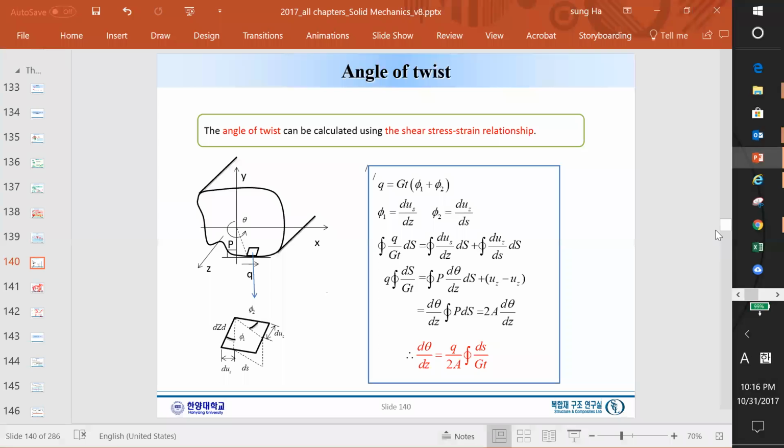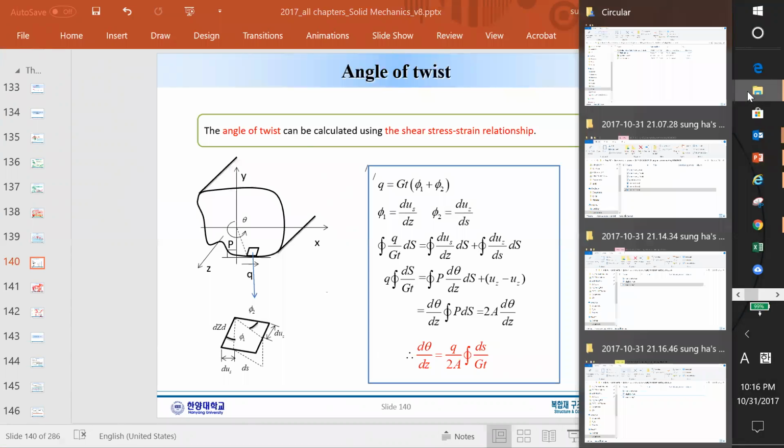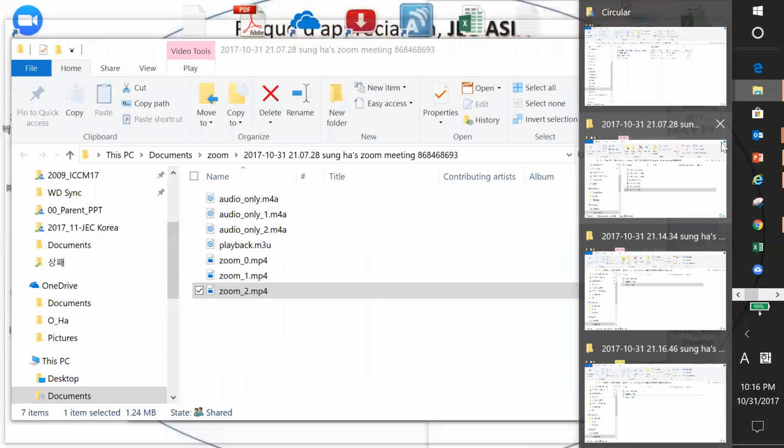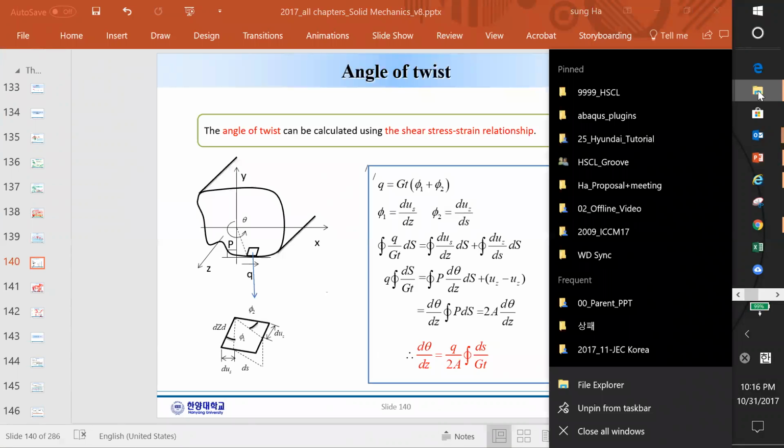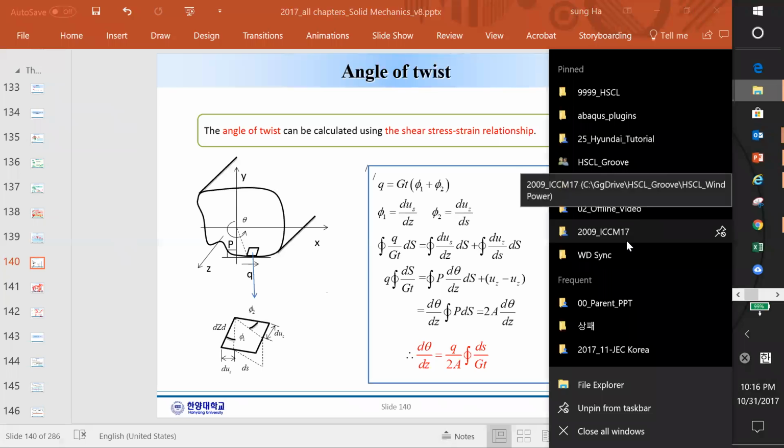The tool is called 3D Beam. 3D Beam is a very powerful tool.